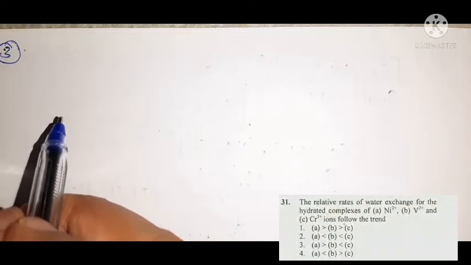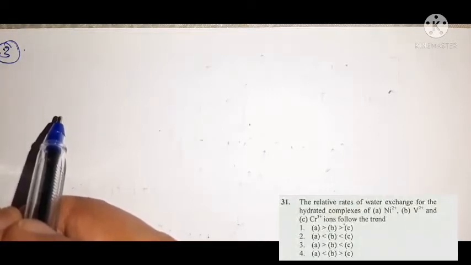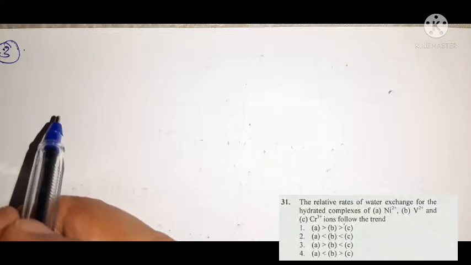First of all, we get a small idea about water exchange reactions. What is a water exchange reaction in coordination chemistry? A water exchange reaction involves replacement of a water ligand with water in solution.